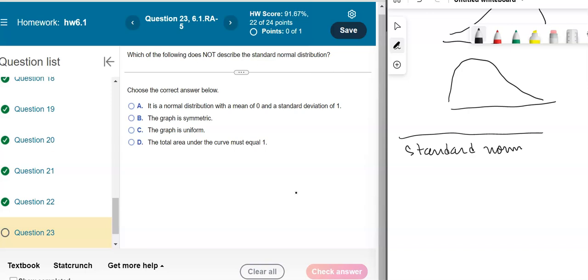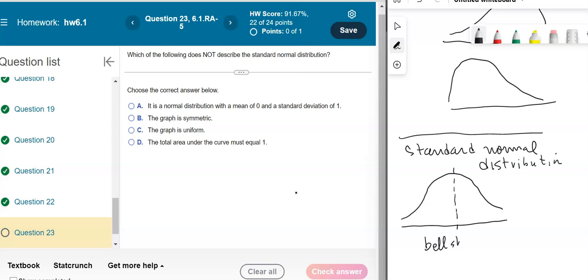Whenever you hear standard normal, it is symmetric, perfectly symmetric, bell shape, and mu equals 0, sigma equals 1.